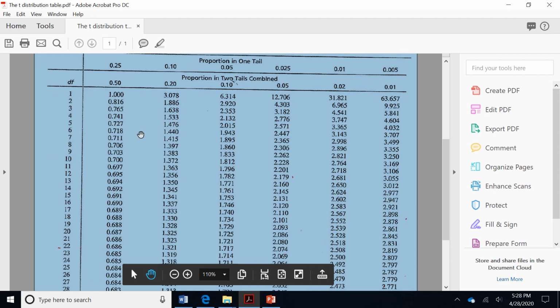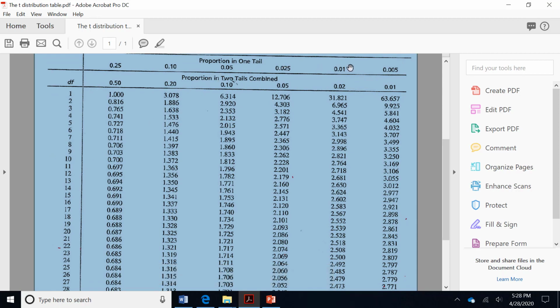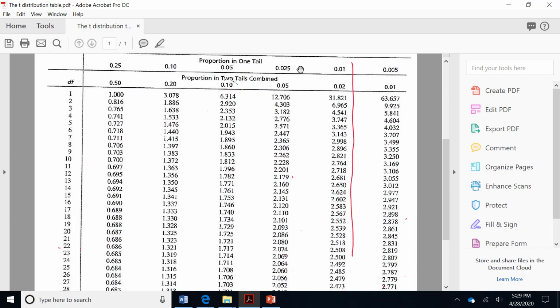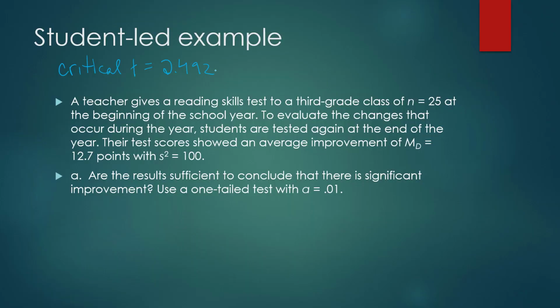We're looking at 0.01 in one tail, and down there, with degrees of freedom of 24, it's going to give us a critical t of 2.492. So our critical t was 2.492.